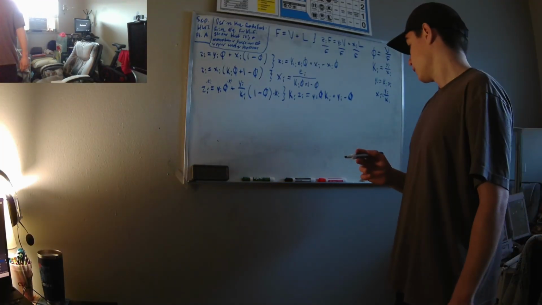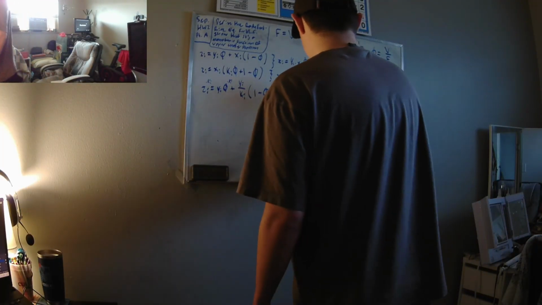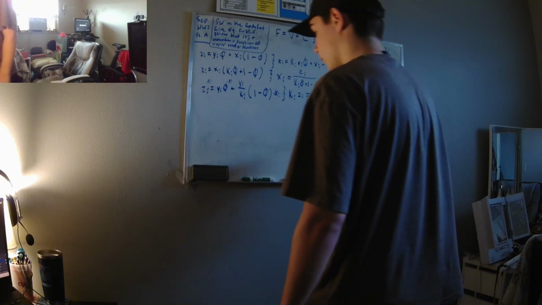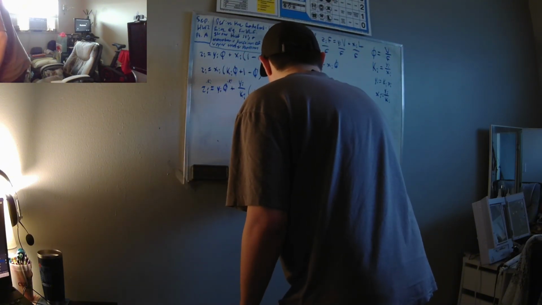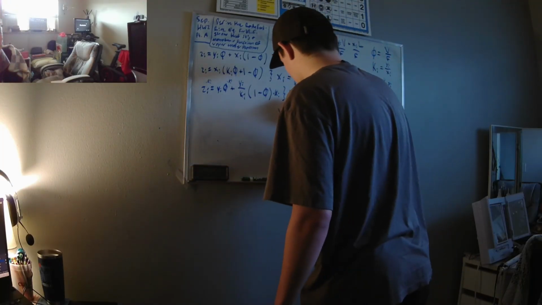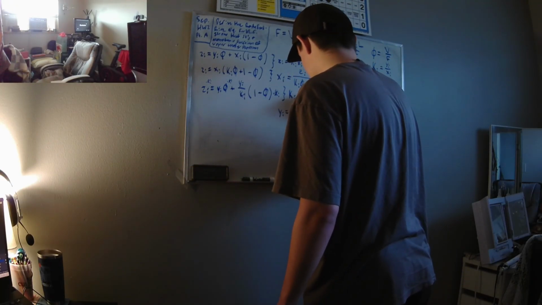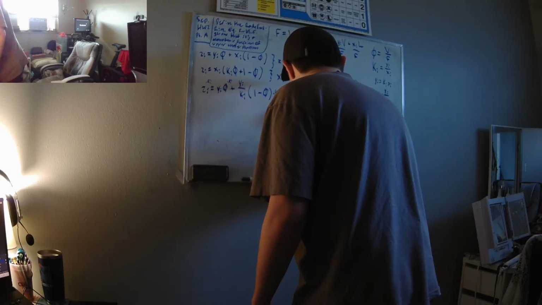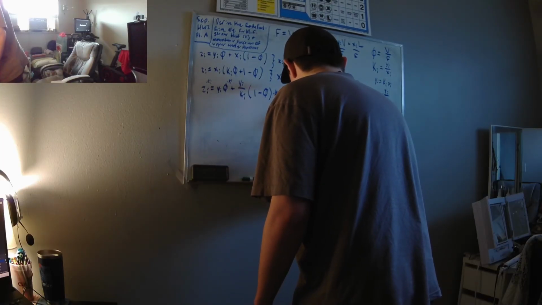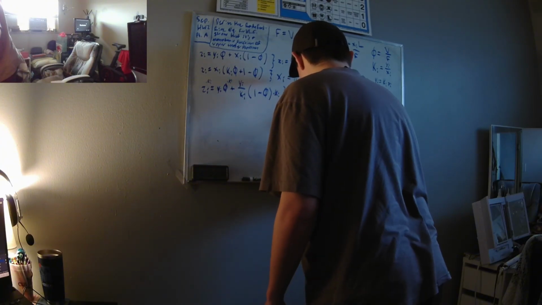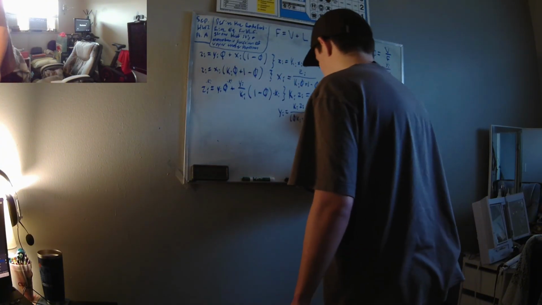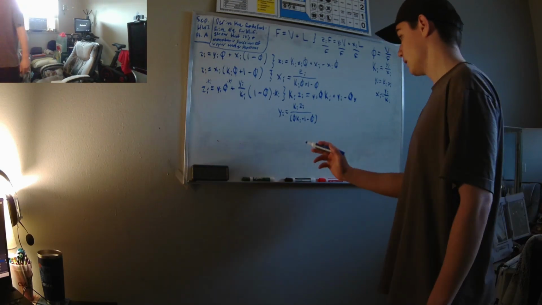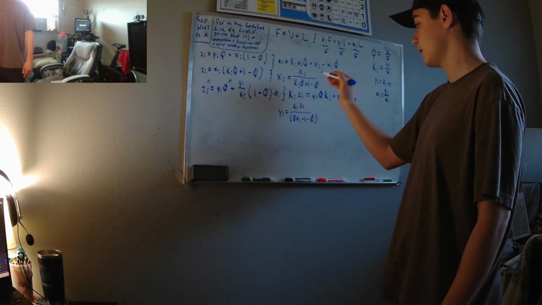You notice this expression looks very similar to what we got up above here. So we can also solve for Y, which will give us that Yi equals Ki Zi over phi Ki plus 1 minus phi. You'll notice this is the exact same denominator as this equation here.